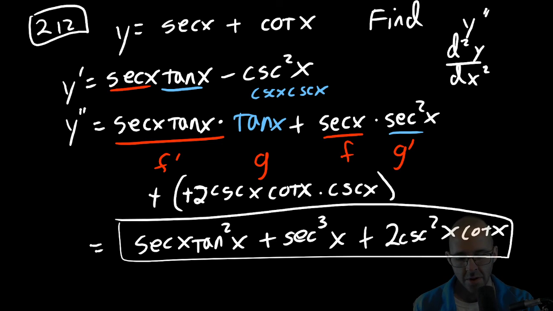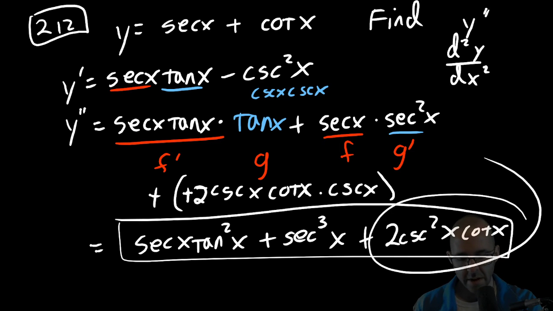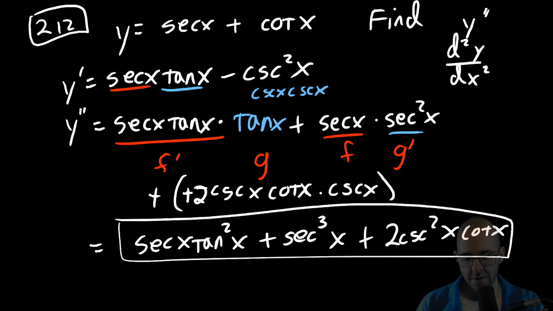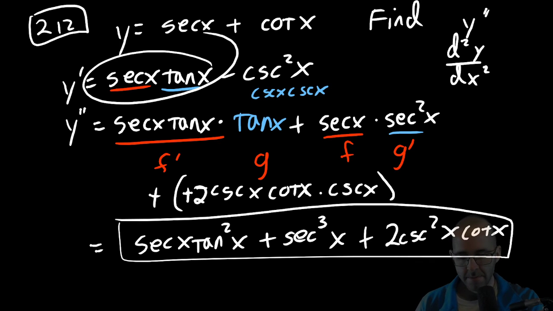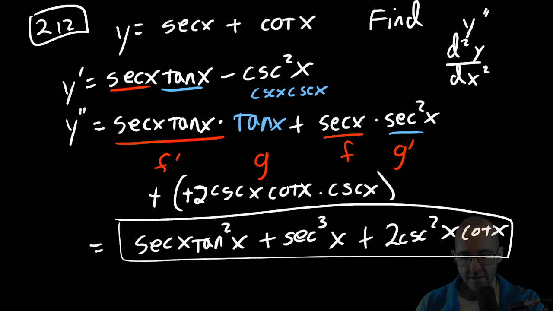That'd be negative 2 cosecant of x times cosecant cotangent, which is what we have. And then the negatives canceled for this guy, so that one's right. In the first one, we need to use the product rule here. Derivative of the first is secant tangent times the second, good. Plus the first, secant times the derivative of the second, that's good. Then we just combine them like so, and it looks pretty good to go.